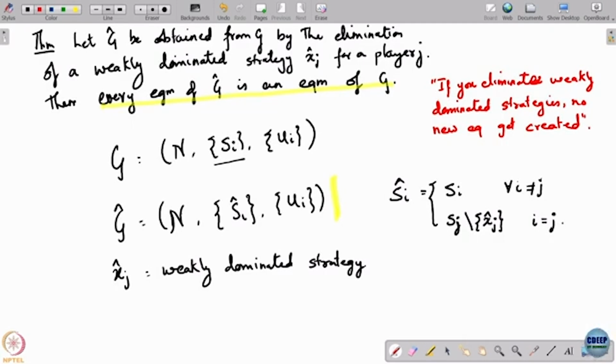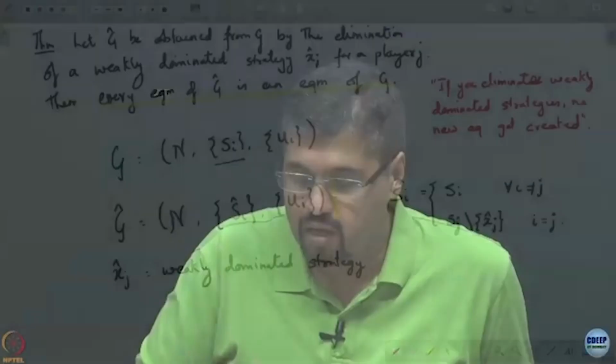Okay. So, now let us see. This only says that no new equilibria get created. All the equilibria of G hat were already present in G, but you could have potentially lost equilibria. When you are losing equilibria, it means that some possible strategic outcome of the game has been eliminated because you decided to overlook a particular strategy for a particular player.